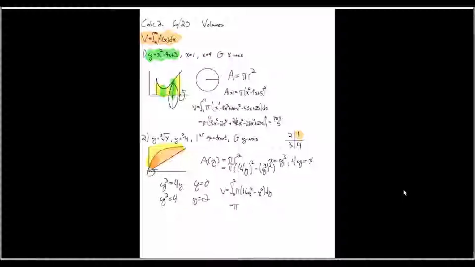We've got pi times 16 thirds y cubed minus 1/7 y to the 7th from 0 to 2. Plug those in, and you will get 512 over 21 pi.